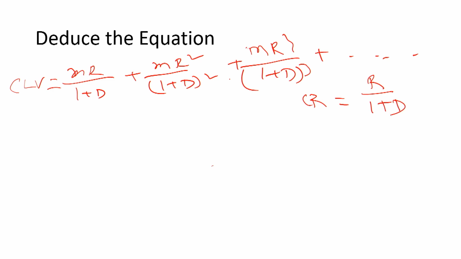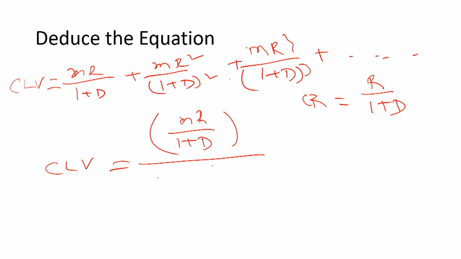Now, what is the summation of this series? CLV equals the first term, that is MR divided by 1 plus D, divided by 1 minus the common ratio, that is R divided by 1 plus D, right. So, what will be its value?